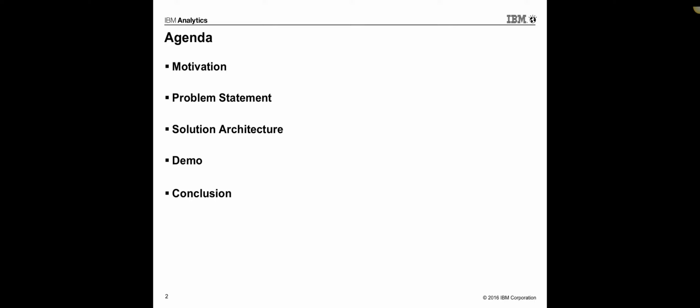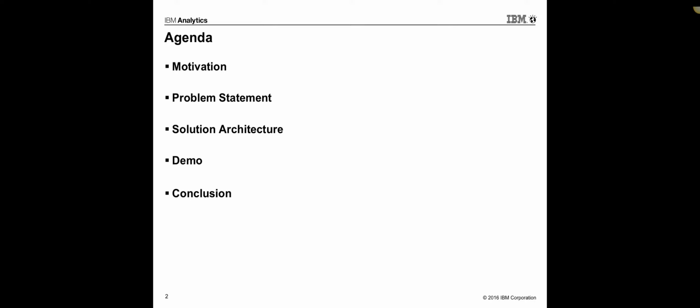So this talk and demonstration is going to be broken up into 5 steps. We're going to talk about my motivation for doing this project at all and why I think it's valuable. Then we'll go into what the question is that we're trying to answer and what data we're going to be using to answer that question. After we define those two things, we'll talk about the technologies that are used to solve that problem and the architecture involved.